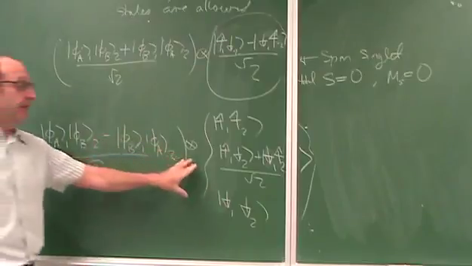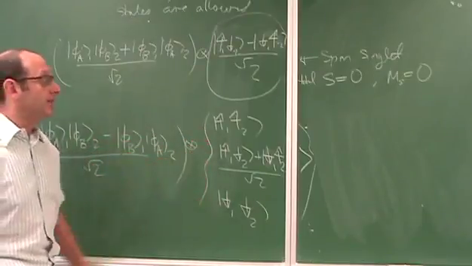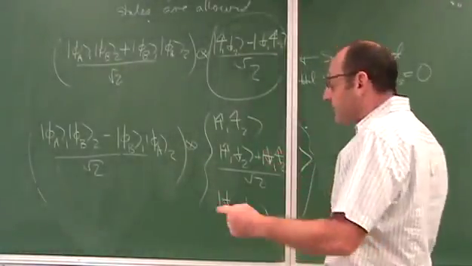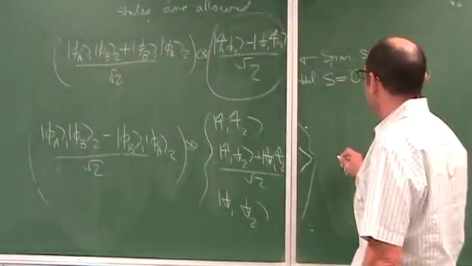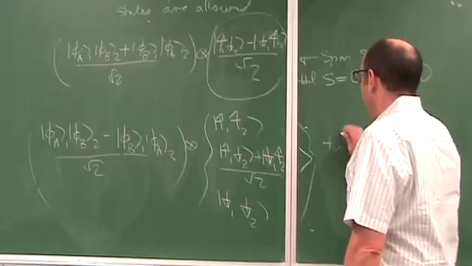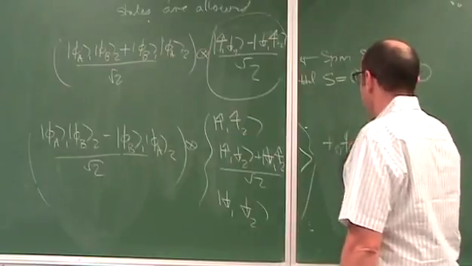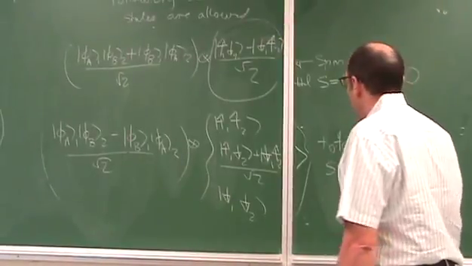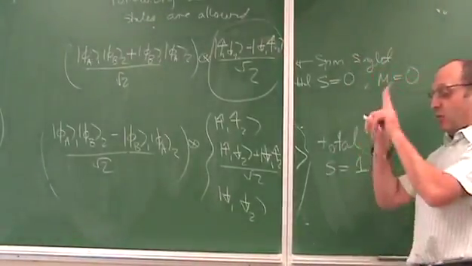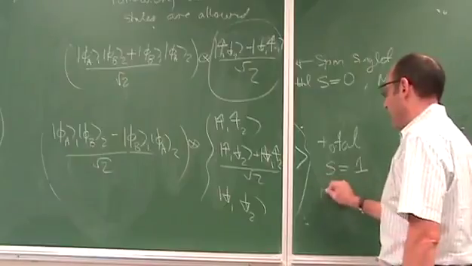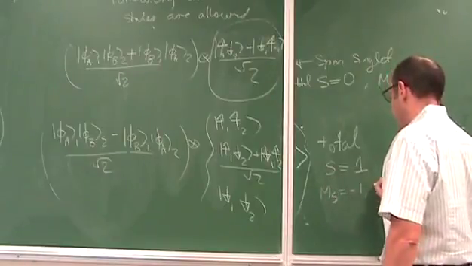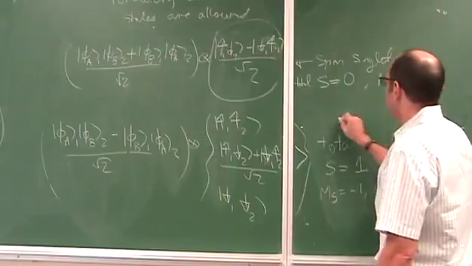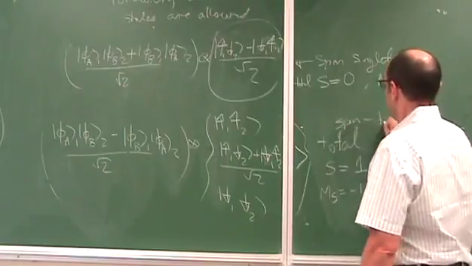That must be associated with a state in which the spin is symmetric under exchange. And these states are also eigenstates of the total spin angular momentum, with total spin 1, and there are 3 possible total m_s values. And of course we call this the spin triplet.